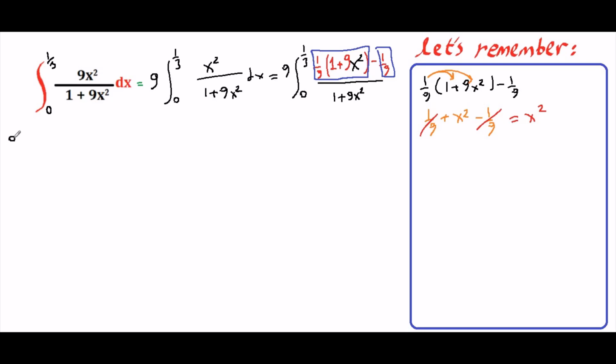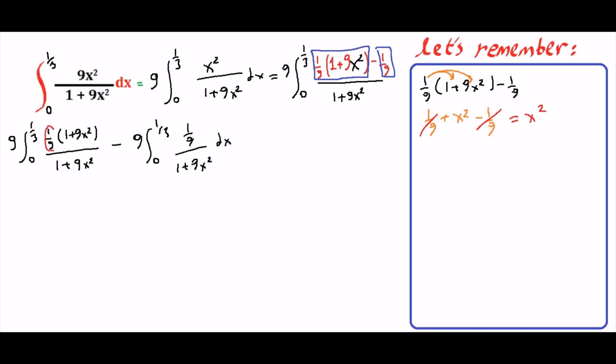So our integral, 9 times the integral from 0 to 1/3 of the first part, 1 over 9 times 1 plus 9x squared, over the common denominator, 1 plus 9x squared. We have a minus sign here, 0 to 1/3 of 1/9 over 1 plus 9x squared.